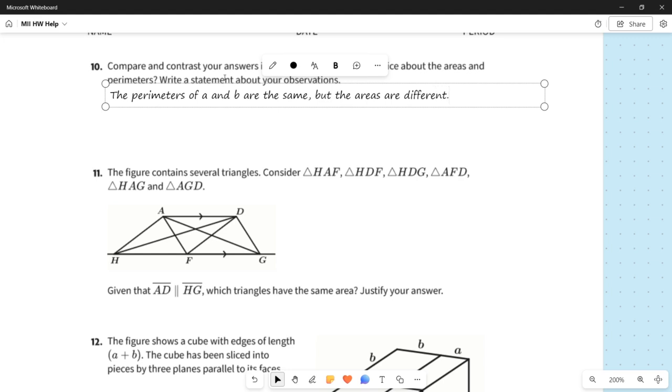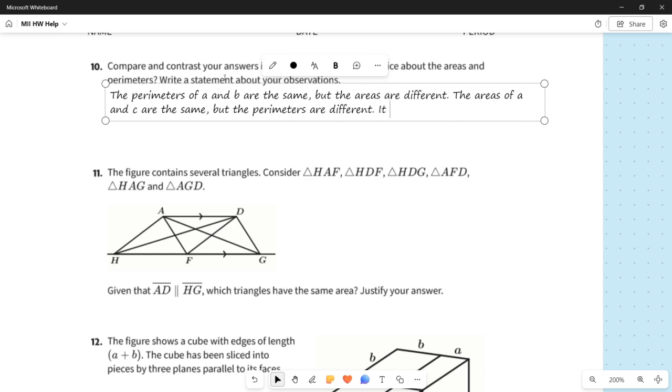So they both have 50 feet, but the parallelogram had an area of 120 and the rectangle had an area of 150. Meanwhile, the areas of A and C are the same. So 120 square feet in both cases, but the perimeters are different. So the parallelogram has a perimeter of 50, whereas the rectangle has a perimeter of 46.